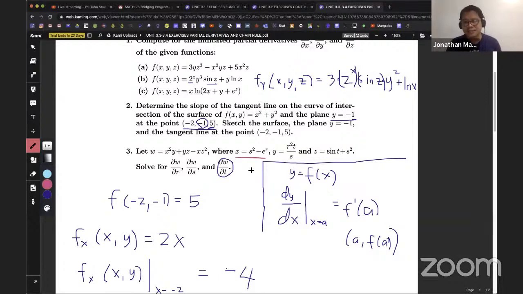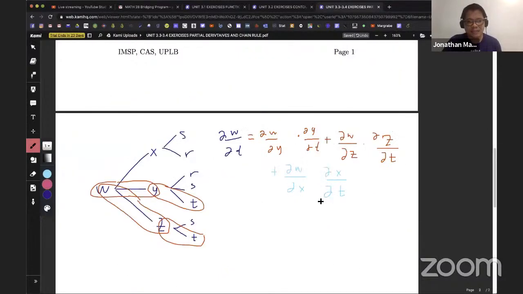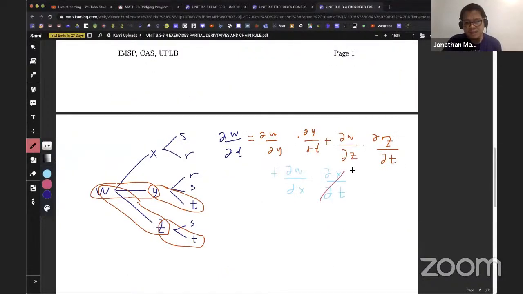Derivative of a constant is 0. Si E to the R ay constant if our variable is T. So derivative of that is 0. So that means ang partial ni X with respect to T will just be 0. So this term will just eventually cancel. Okay?